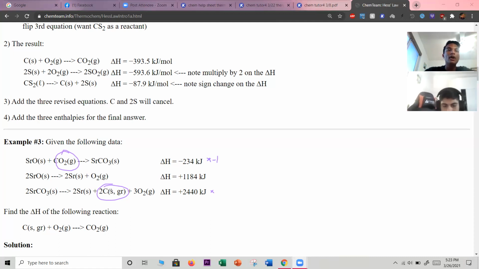C is not the same thing as CO2. C is only the same as C. Maybe you could color code each thing, like this one is X, and maybe all the CO2s are Ys. Just don't confuse these things. I get that this CO2 also has a C, but it's not the same thing at all. This right here is a diamond. This right here is in the air. They're very different.